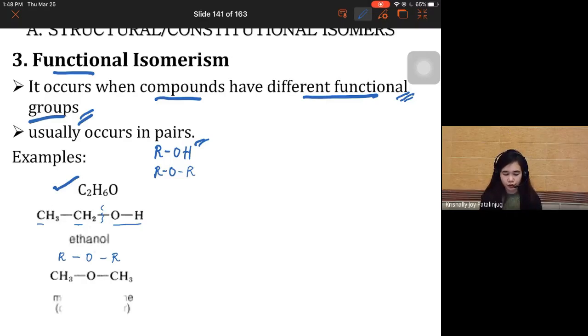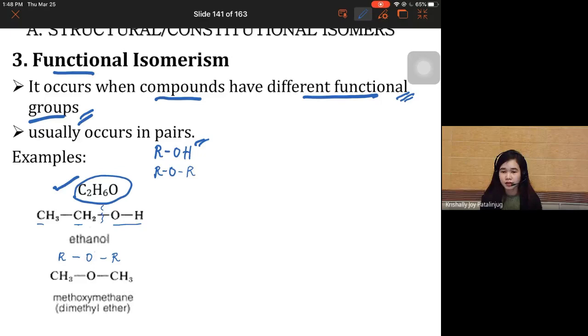So kung titingnan natin yung structure, magkaiba. Saan sila nagkaiba? Magkaiba yung functional group present. Yung isa alcohol, yung isa ether. But try to look at their general formula. Silang dalawa, they have the same number of carbon, the same number of hydrogen, and also oxygen.